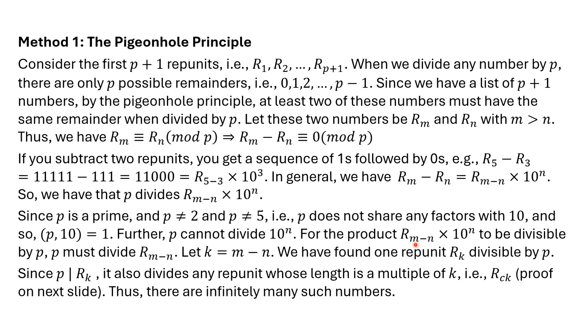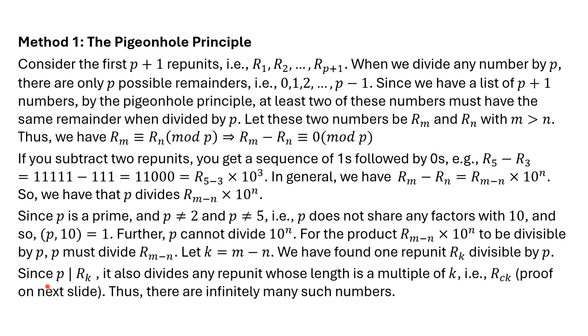So for the product, R sub m minus n times 10 to the nth power to be divisible by p, given this relatively prime aspect here, p must divide R sub m minus n. We'll just let k equal m minus n. So we have found one rep unit, R sub k, divisible by p.